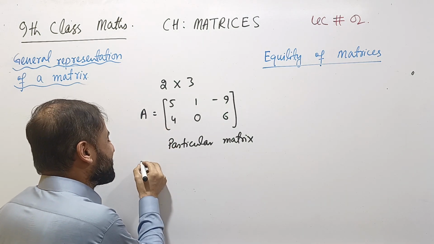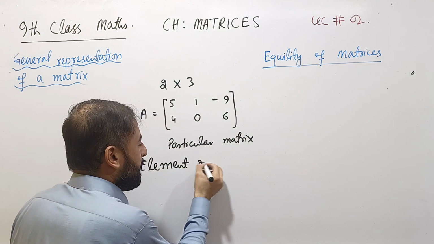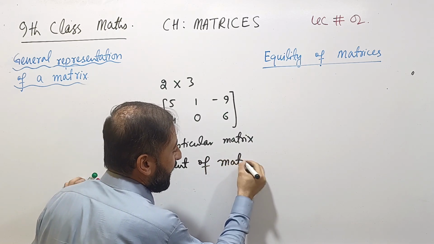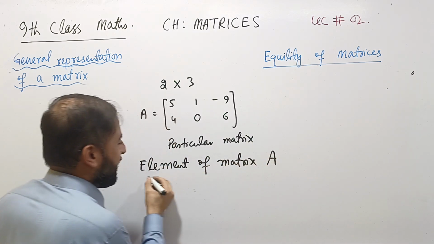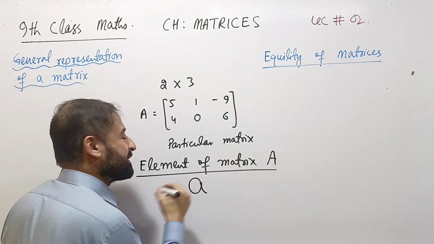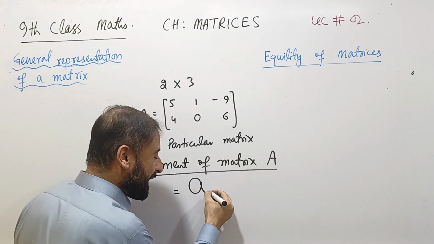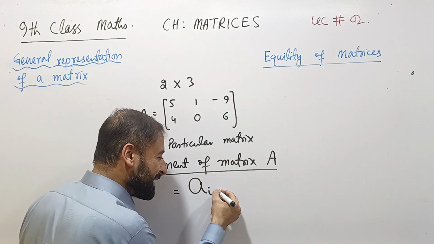An element of matrix A is represented by small a. Please note, matrix A: the element of matrix A will be represented by small a. And we will have to mention two things, one called i, other called j.